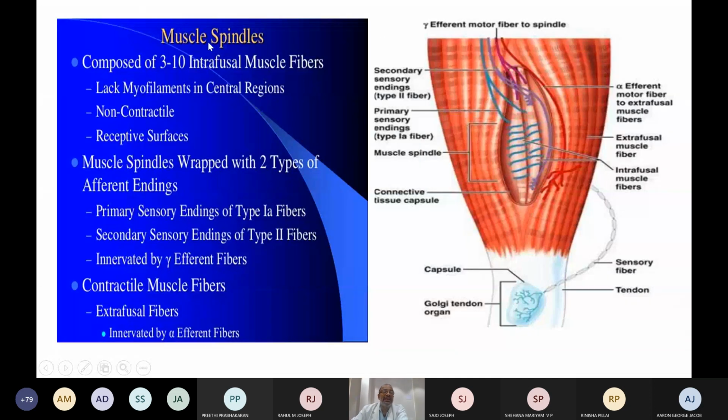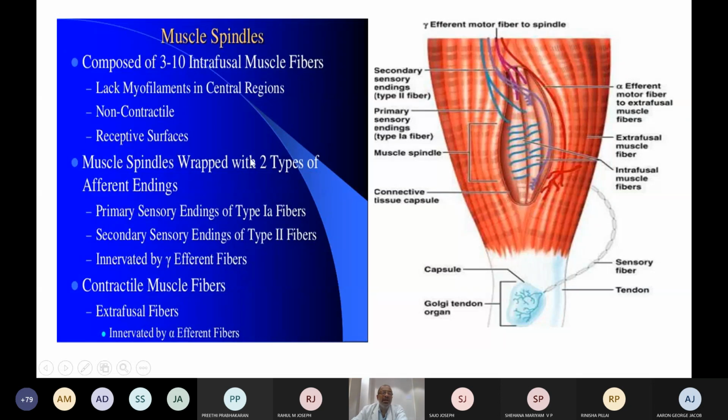Muscle spindles are composed of 3 to 10 intrafusal muscle fibers. They lack myofilaments, that is actin and myosin, in the central region. They are non-contractile in nature and have receptive surfaces.